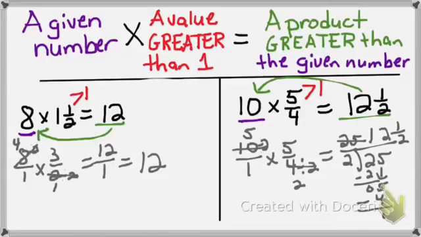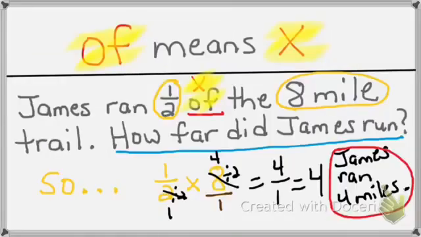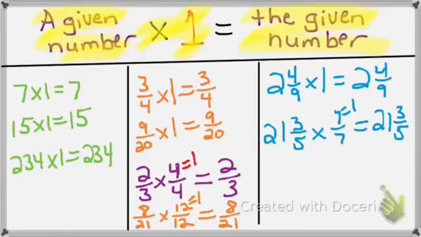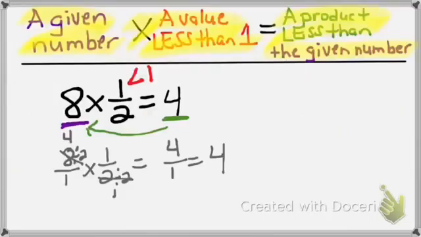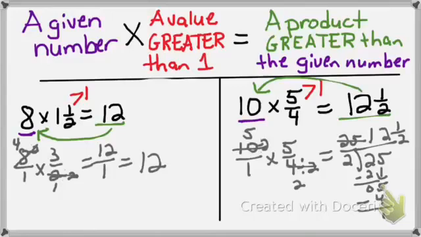Let's go back and review all 4 of our fraction hints from today. Fraction hint number 1, of means times. Fraction hint number 2, a given number times 1 equals the given number. Fraction hint 3, a given number times a value less than 1 will equal a product less than the given number.